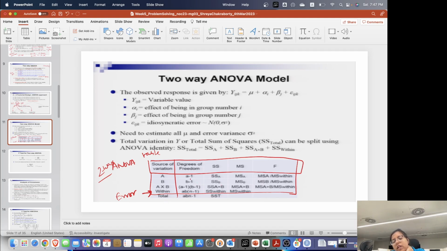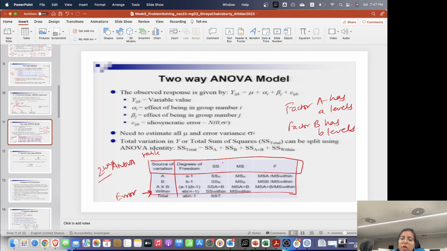And the degrees of freedom for testing main effects: let us say factor A has A levels, and factor B has B levels.